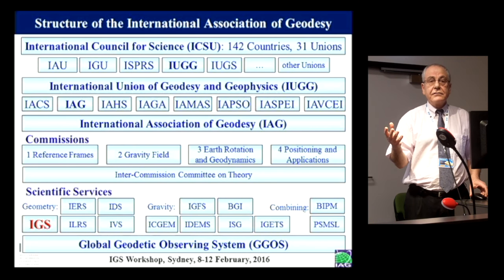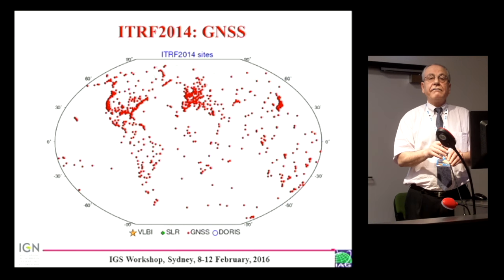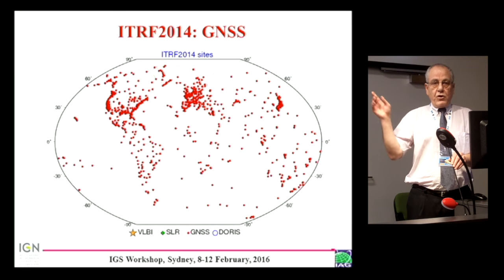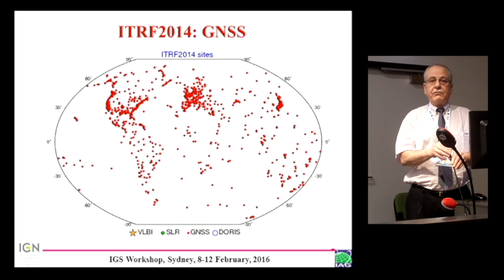And I cannot resist, when I talk about IAG, not to talk about the ITRF. This is one of the achievements of IAG and its services. And as you know, the ITRF 2014 is just published. I will come back to that in my presentation. But just one remark about the IGS. We have in the ITRF 2014 about 900 sites.